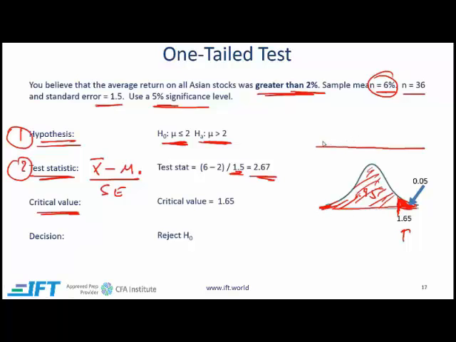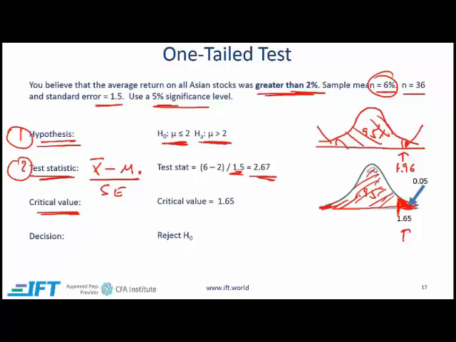If we were doing a two-tailed test, then what happens? Then with 95%, it's 95% over here, which means there's 0.025 here and 0.025 here. So this 0.025 is less than 0.05, and therefore this number is larger. The Z value is 1.96.